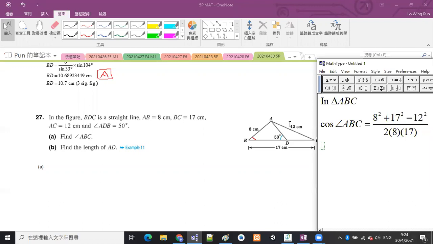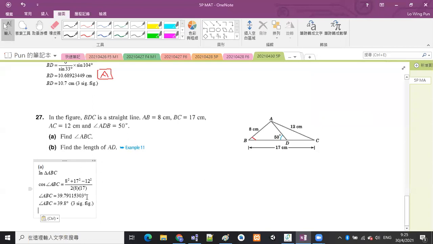And then you'll find that angle ABC will be equal to 39.79115303 degrees, okay? And as angle ABC will be the answer of part A, so I'm going to take 3 significant figures for this answer. Should be 39.8 degrees. 3 significant figures, okay?